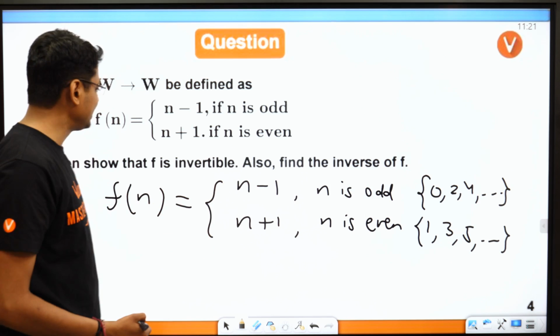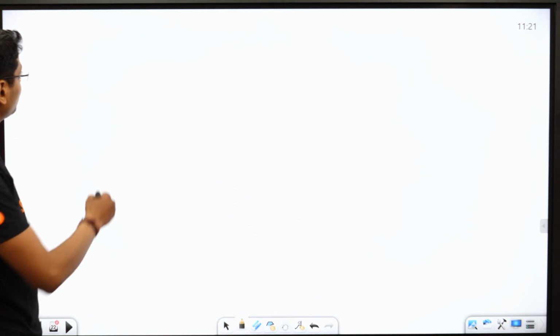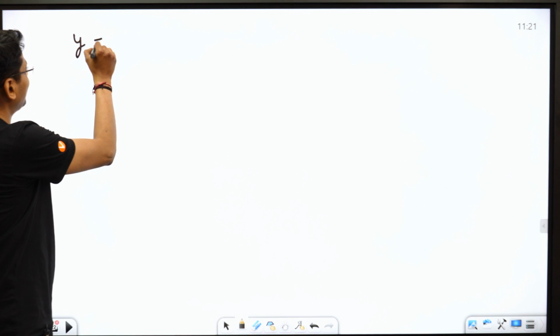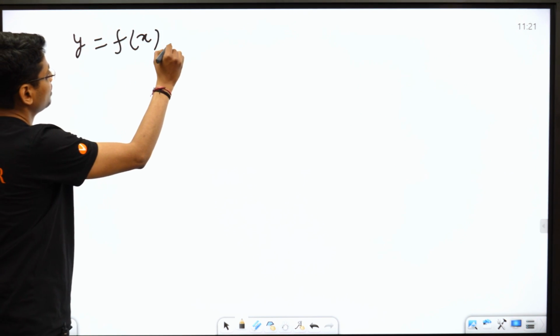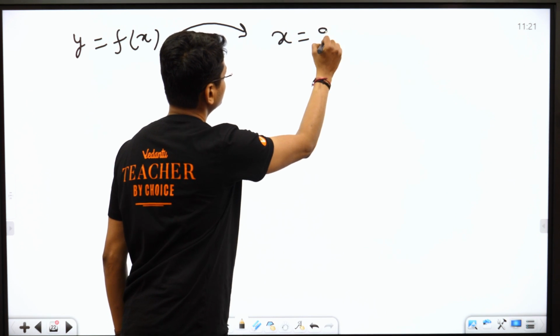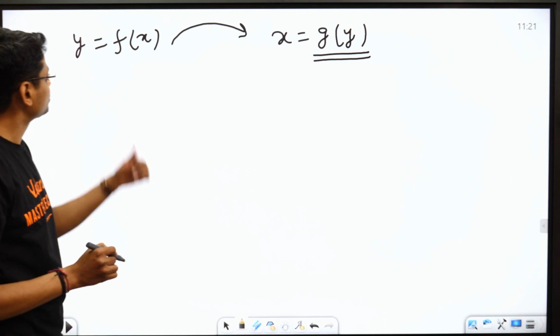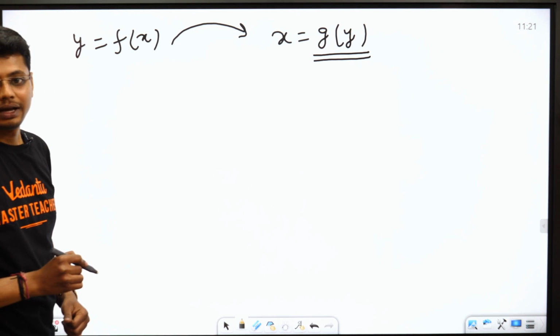Similarly, to find the inverse, what do we generally do? If y equals f(x), we try to transform it as x equals g(y), and this is the inverse of f(x).